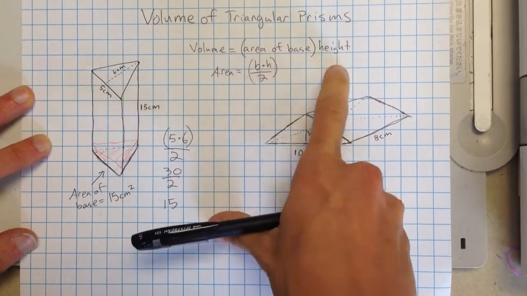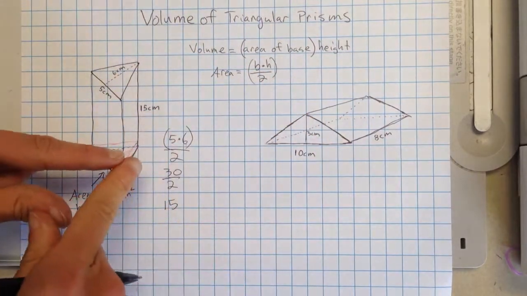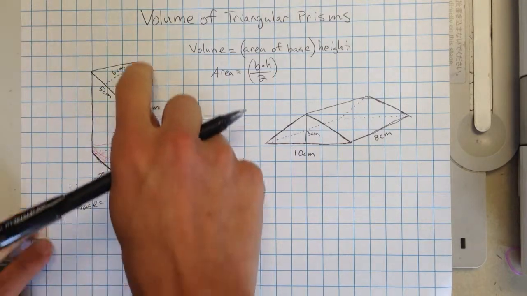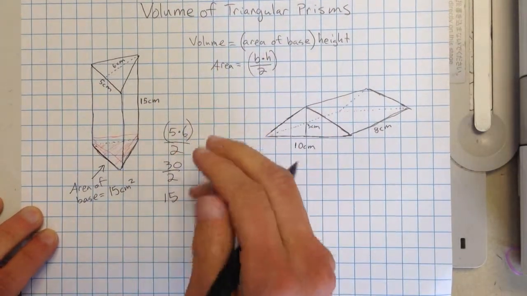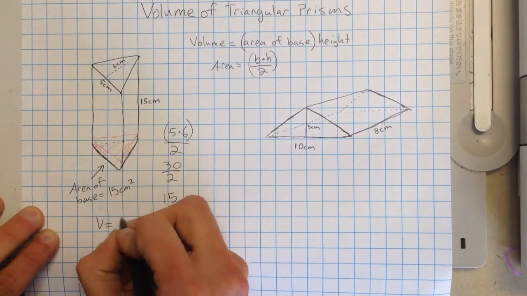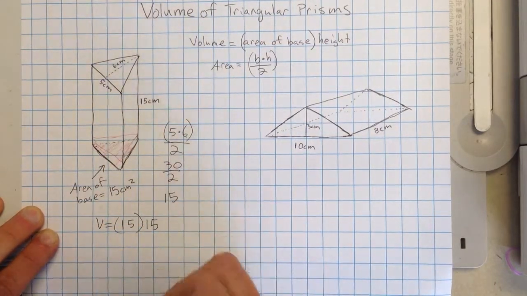And then I'm going to take that and put that back into my volume equation. Okay, area of the base times the height. So now I've done that. I'm thinking stacking little triangles. I filled in one. I have to stack another one on top and another one on top and another on top. I have 15 centimeters worth of them. So I'm going to take that area of the base. Let's go down here. Volume is going to equal 15 times this height, which also happens to be 15.